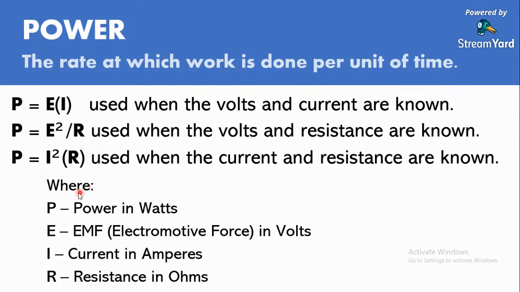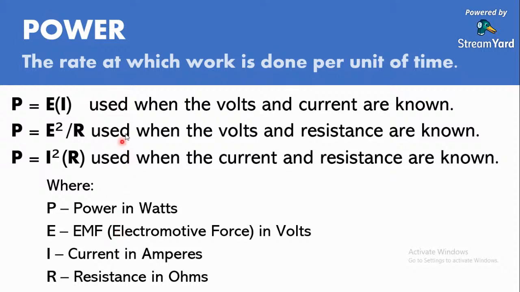So you have here, P stands for power in watts. E is for EMF or electromotive force. Again, it is electromotive force in volts. I is for current in amperes. And of course, R is for resistance in ohms.